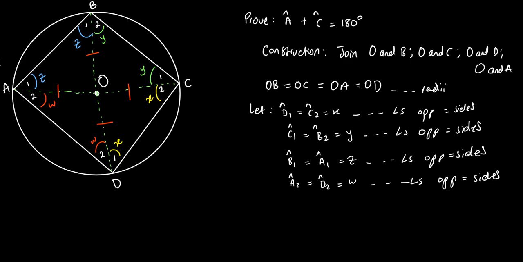So now that we have this, right, we just now have to prove that angle A plus angle C is 180. Now guys, a triangle, when you add the angles in a triangle, you get 180 degrees. But what happens when you add angles in a quadrilateral? What is the answer that you get?